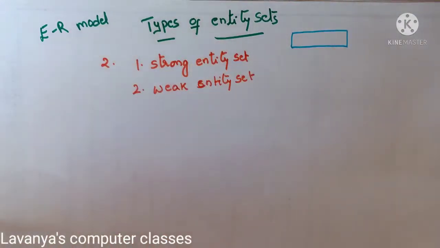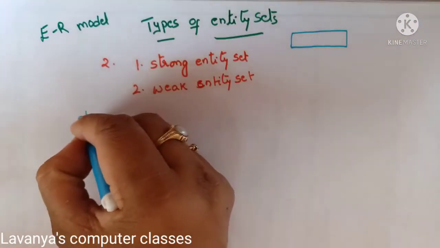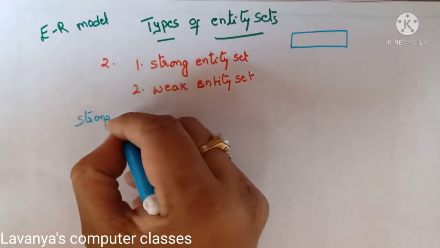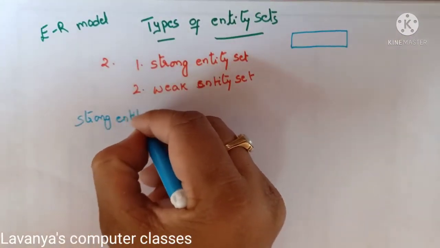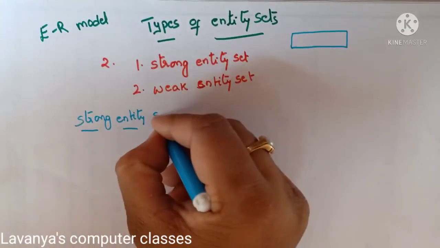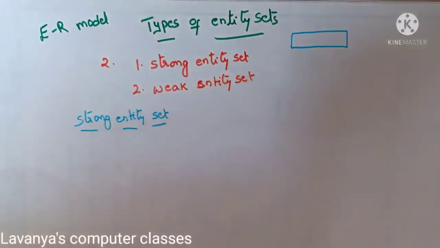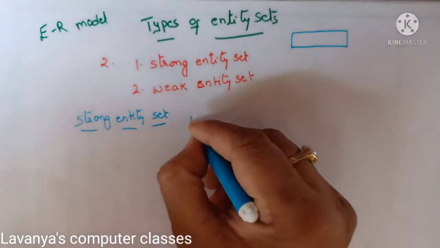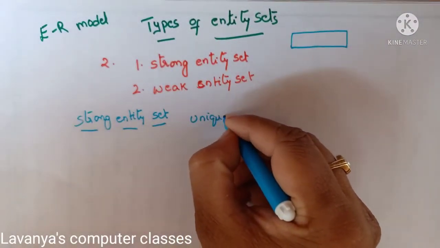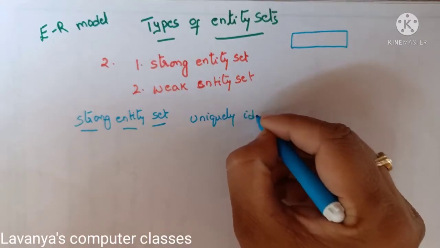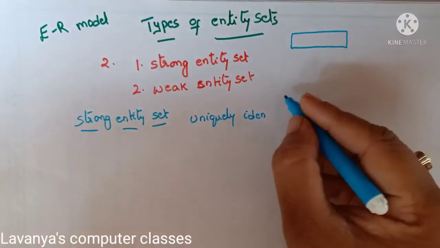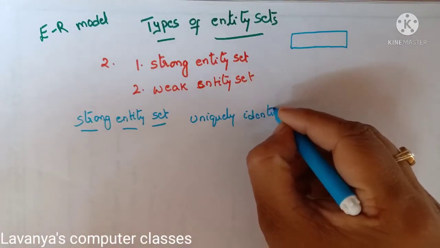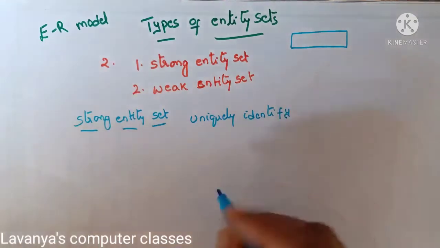Now we go for what is the strong entity set. From the name itself, it is the strong entity set. How do you know it is a strong entity set? Any entity set that can be uniquely identified using its primary key attribute is known as a strong entity set.